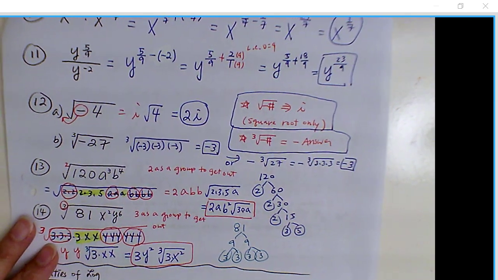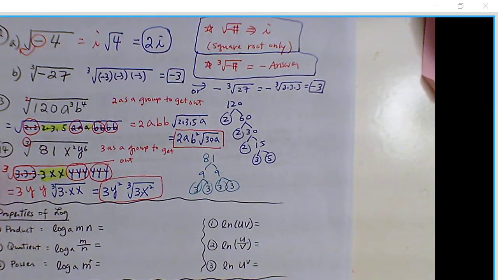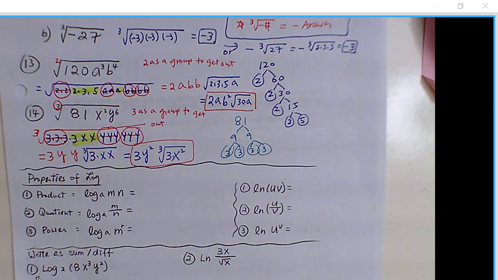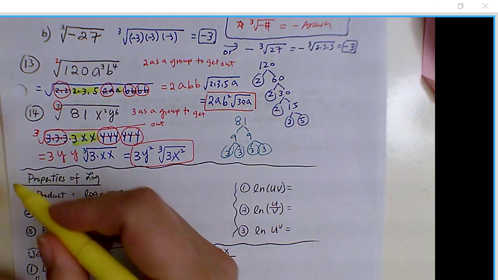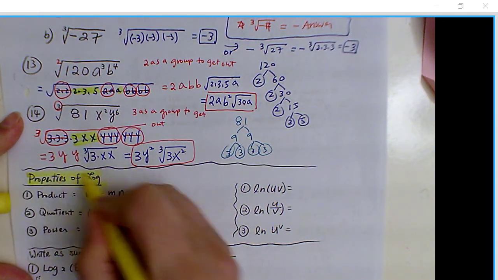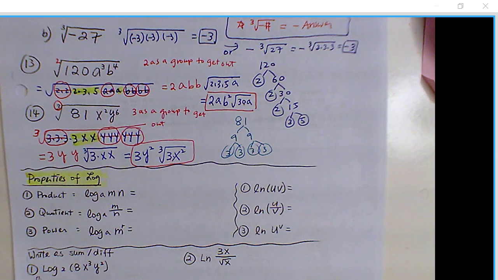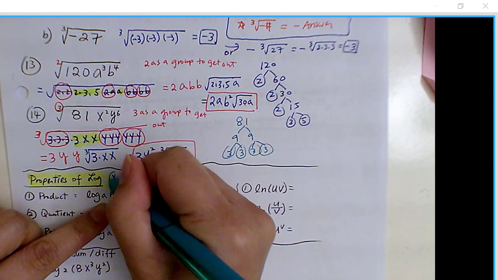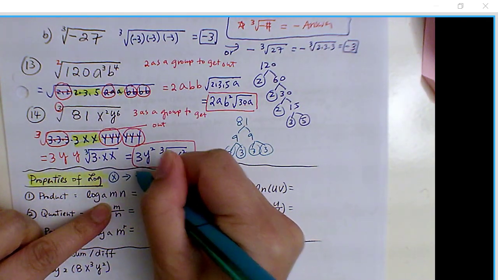Okay, next we are going to review some of the properties of log. If you just took college algebra or business math, we have talked about this. This property of log is really related to the exponent rule, because log is another way to express exponents. It's the inverse of it. So similar rule, when you see same base multiplying, we are going to break that as addition.